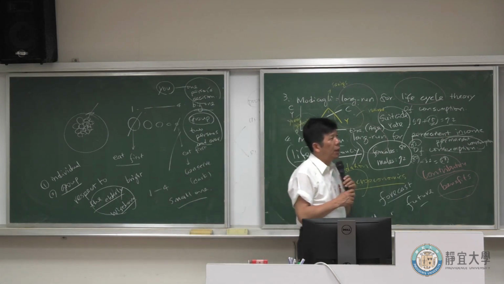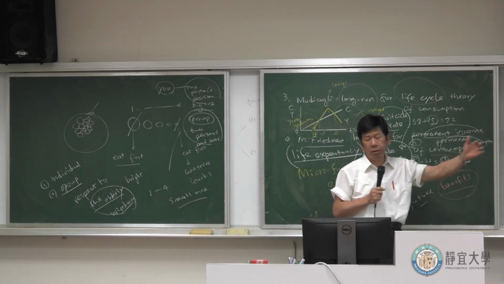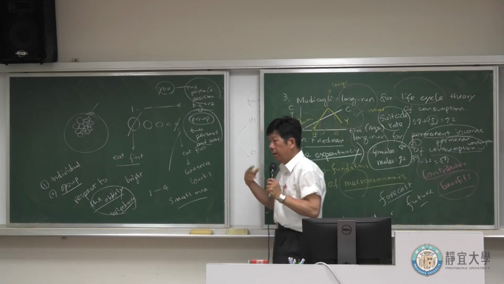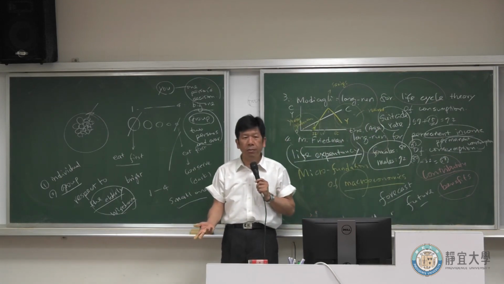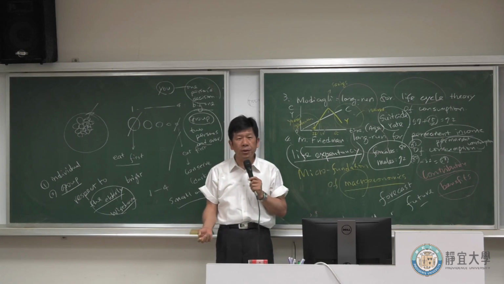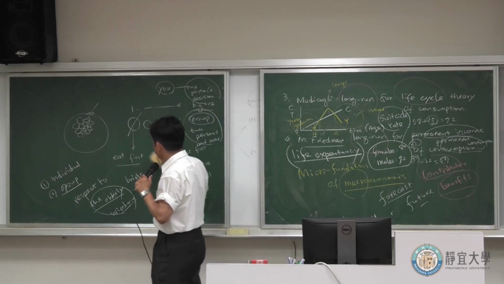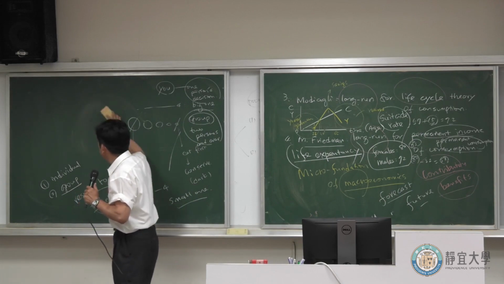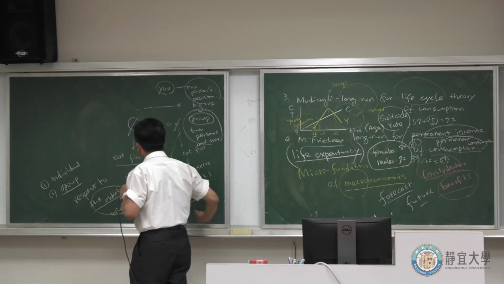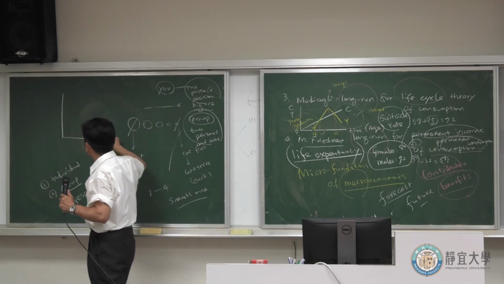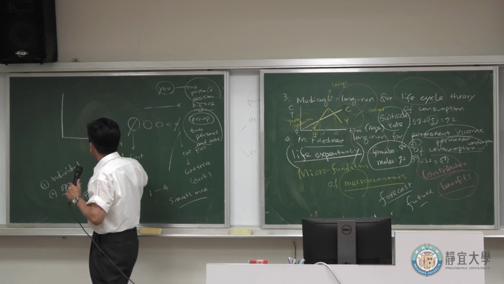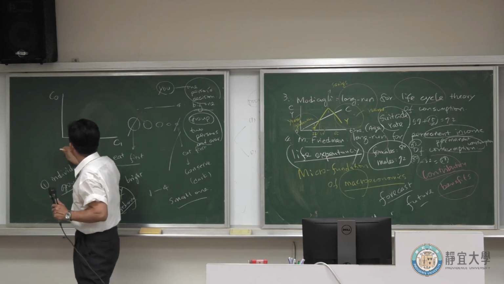So here we just try to mention the current consumption or future consumption. Which one is more important? Here this represents C1, C0.